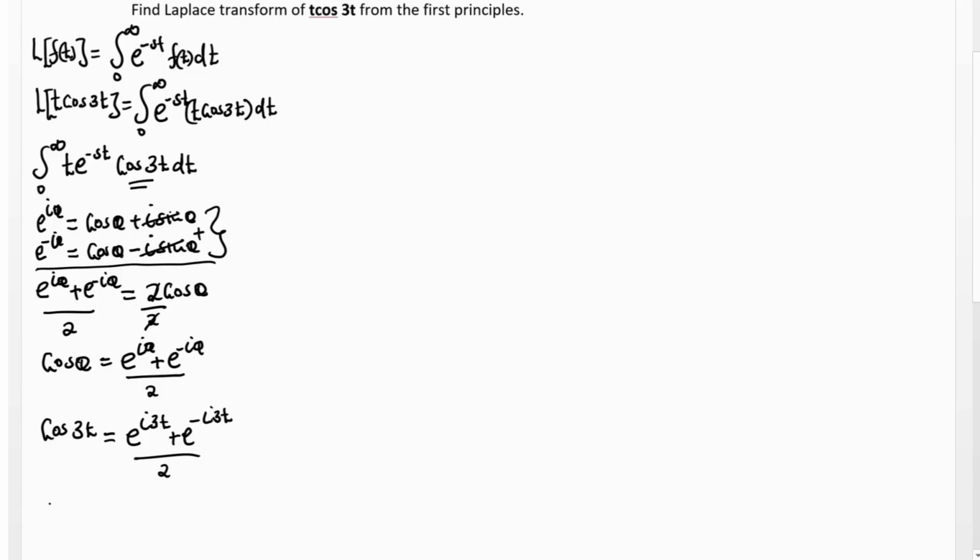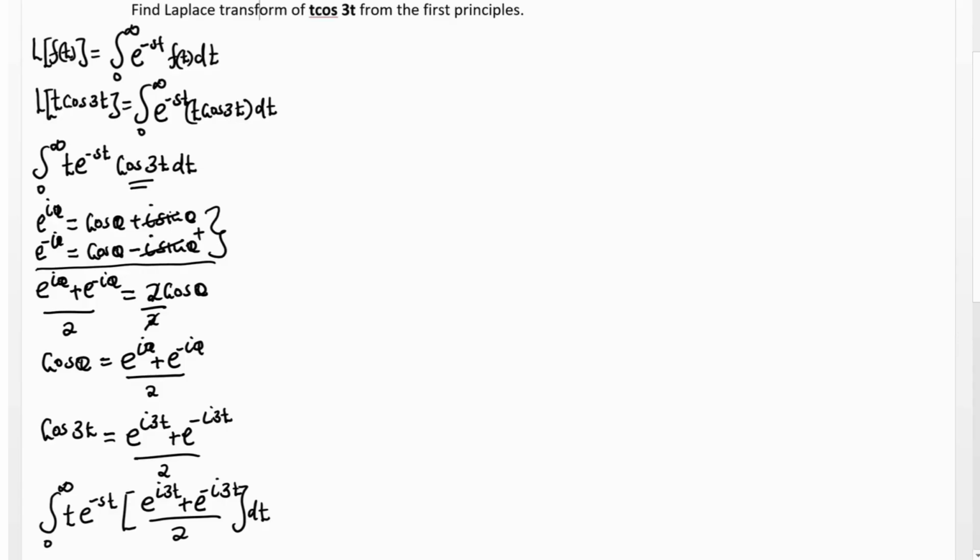Therefore, our equation becomes integrating from 0 to infinity t e raised to minus st into e raised to i 3t plus e raised to minus i 3t all over 2 dt.